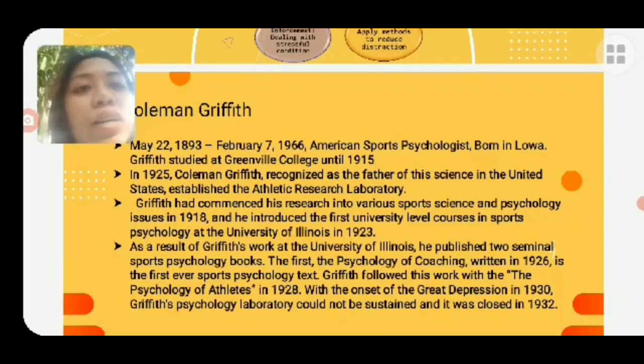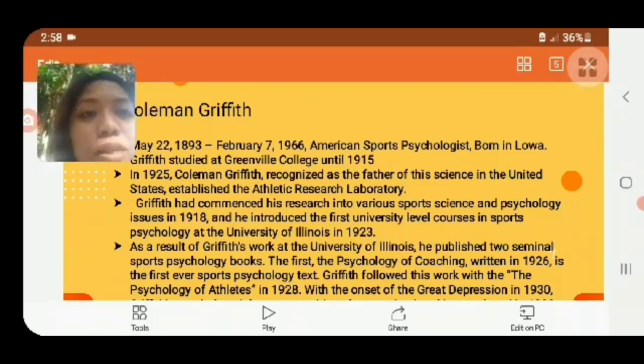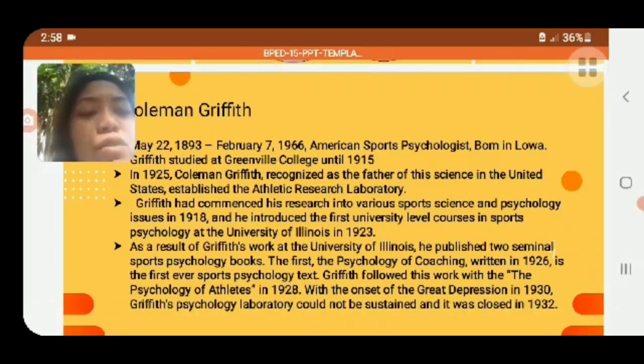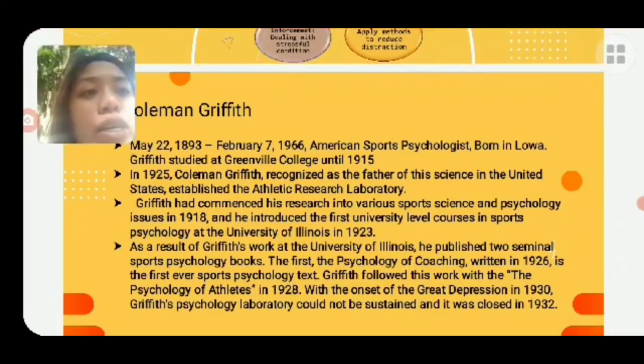Griffith had started his research into various sports science and psychology issues in 1918, and he introduced the first university level courses in sports psychology at the University of Illinois in 1923. As a result of Griffith's work at the University of Illinois, he published two seminal sports psychology books. The first was Psychology of Coaching, written in 1926, the first ever sports psychology text.